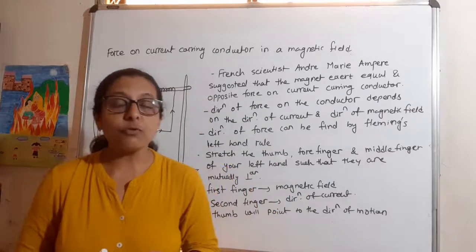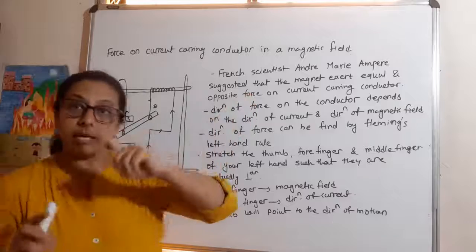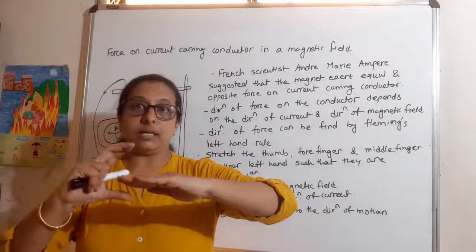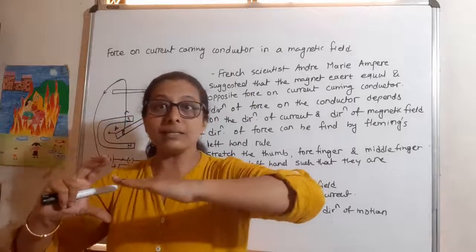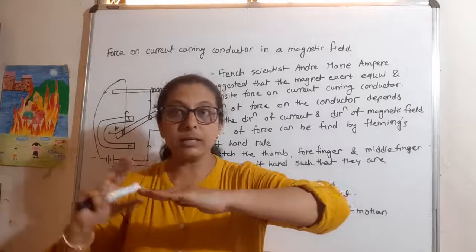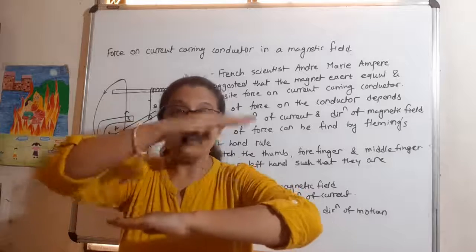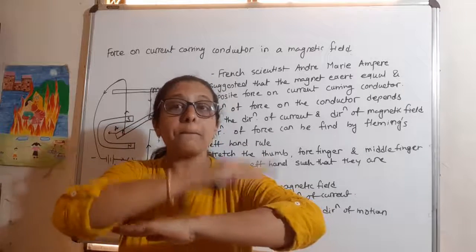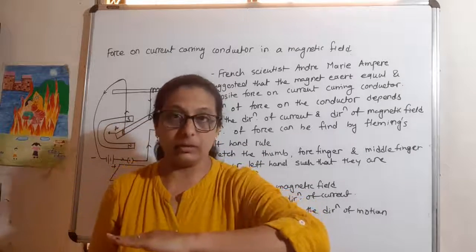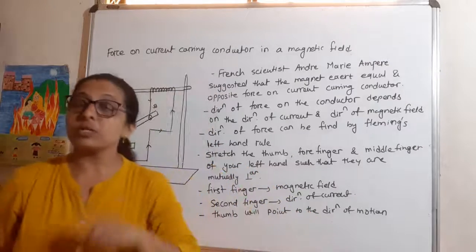Now in this, what we suggest is that whenever the conductor is placed in the magnetic field, अगर किसी मैग्नेट के नजदीक ये कंडक्टर रहता है, then this magnet also applies force on this conductor. Why?